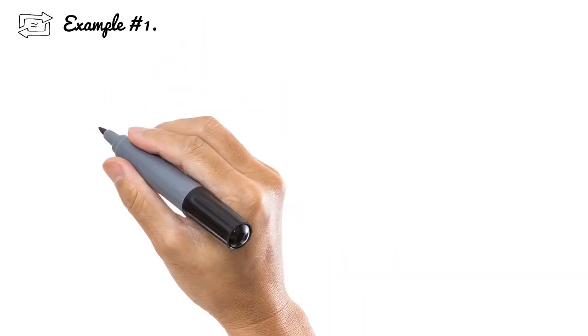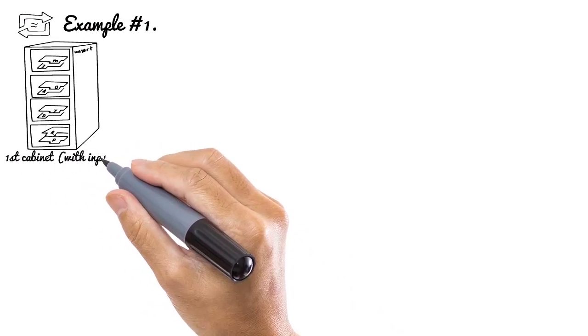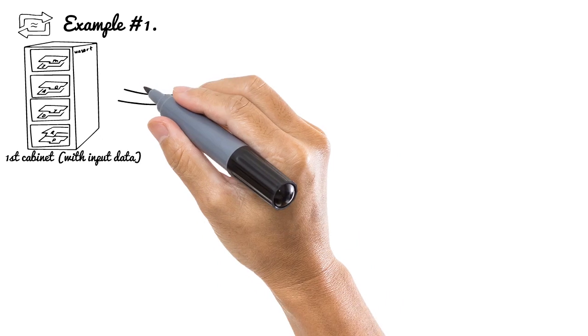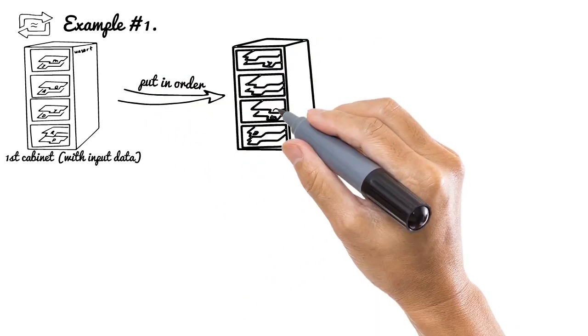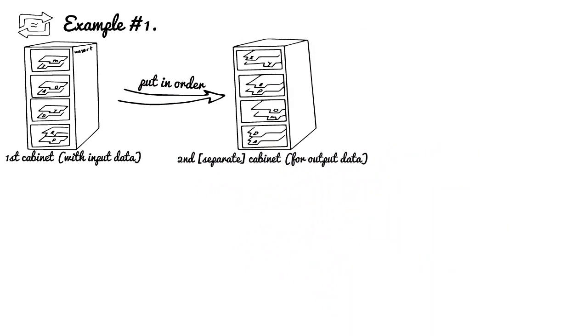You have cabinet with several shelves with unsorted documents considered as input data. When sorting, you take each document from this cabinet and put it in order into second different cabinet with the same amount of shelves. Such separate cabinet will eventually contain output data. That means twice more space is needed for storing data.